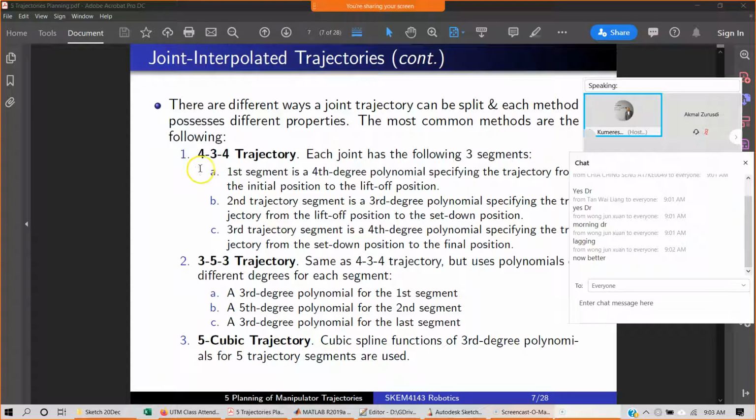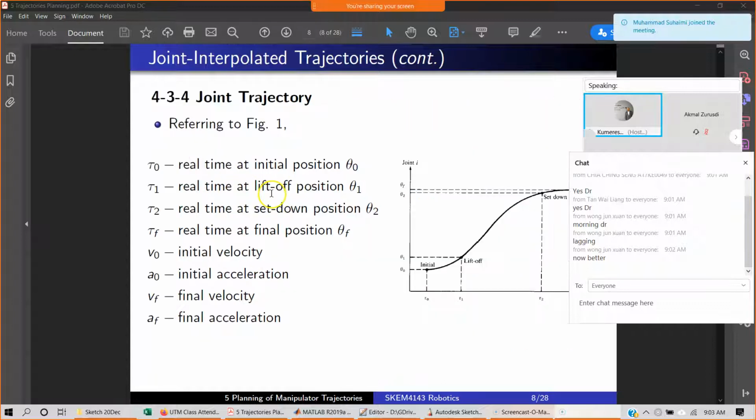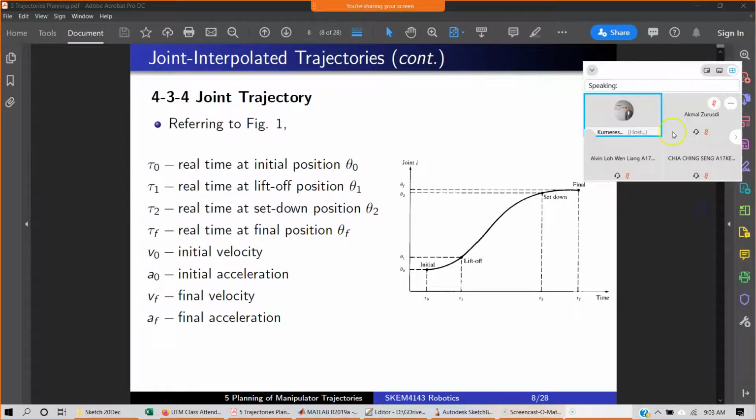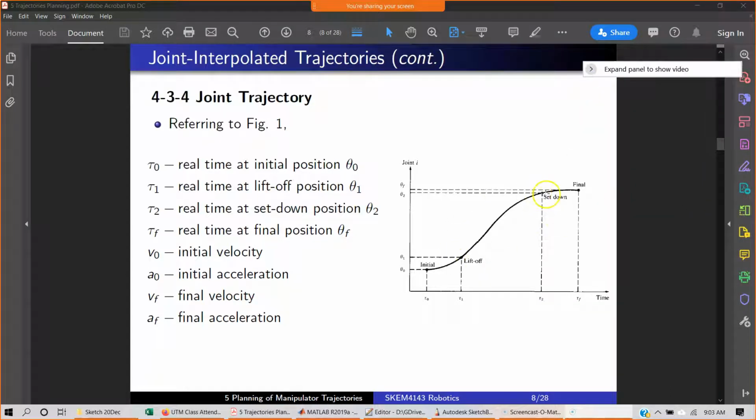When we say 4-3-4 trajectory, we mean that this segment here will have a fourth degree polynomial, this midsection here a third order polynomial, and finally the last section a fourth order polynomial.